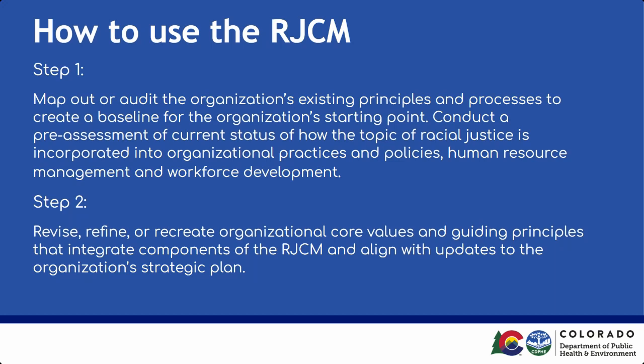That's something we will talk about in the assessment section, which is the next video, video 5. Step 2 is to revise, refine, or recreate organizational core values and guiding principles that integrate components of the RJCM and align with updates to the organization's strategic plan.